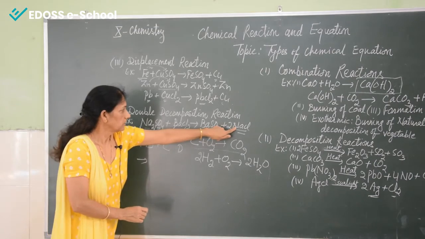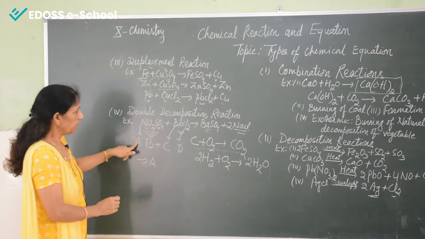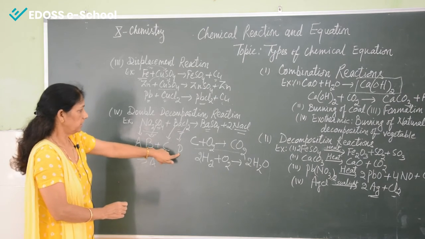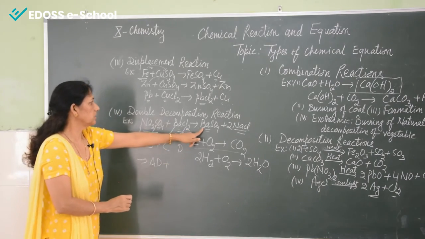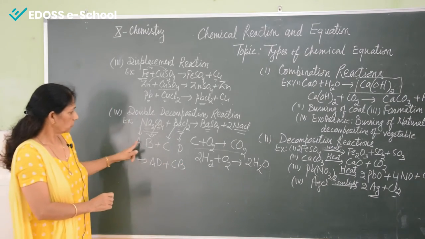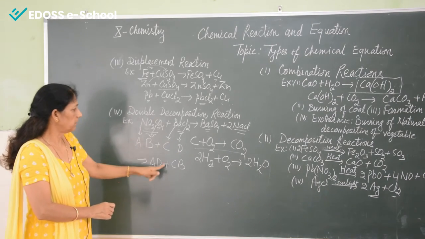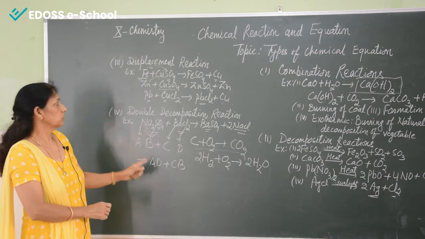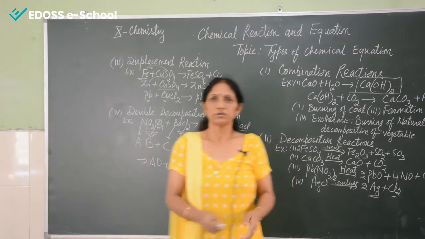A will combine with D, so AD will form, and C will combine with B. So AB plus CD will always form AD plus CB. So these are the types of double decomposition reaction. That's all.